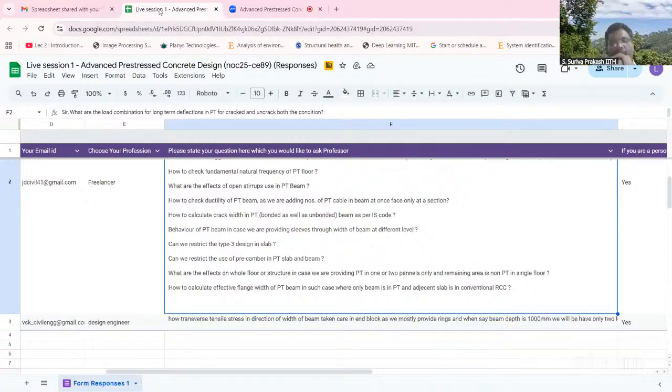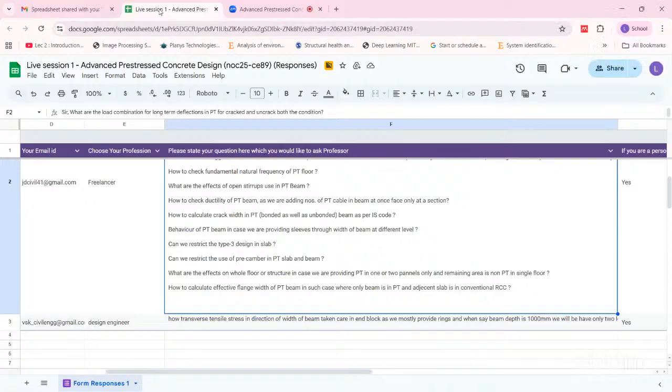These are two contradictory principles: other countries only design for rectangle if the slab is RCC, and in India we design as a T section even if the slab is RCC, because the compression value in the beam concrete is different from the slab.